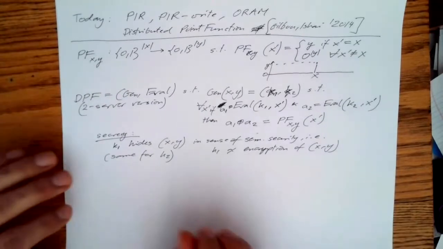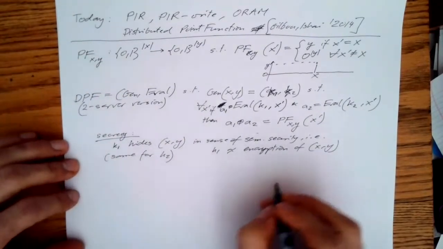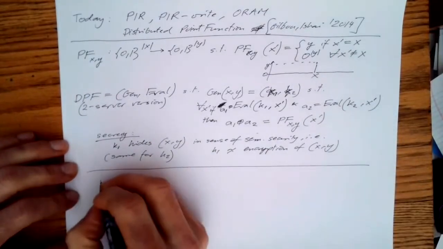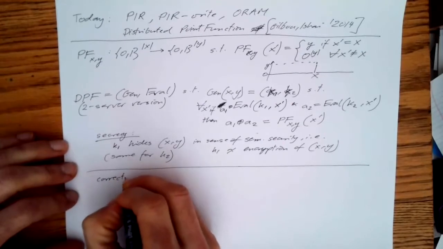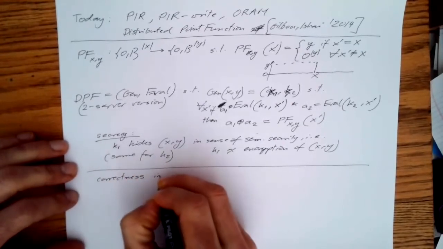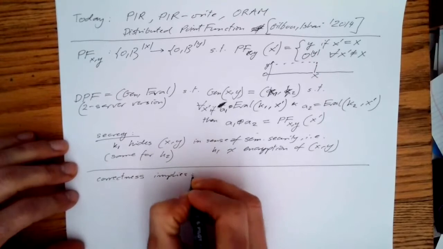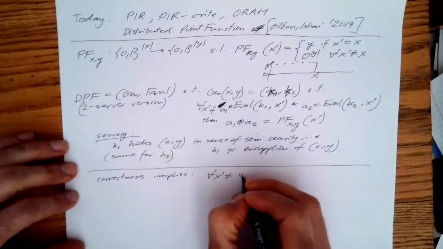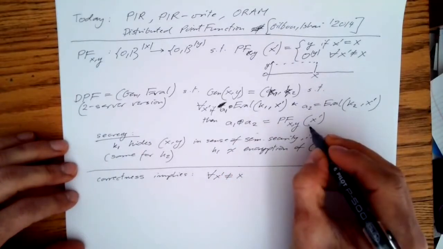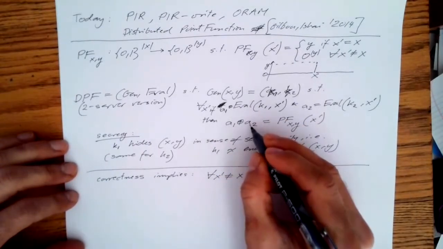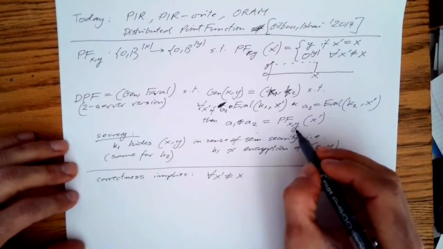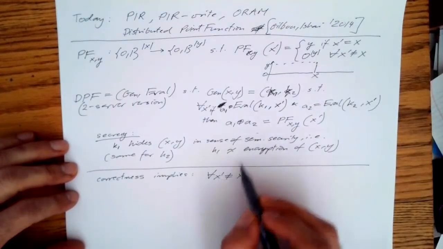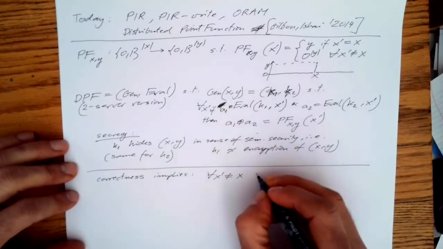What the correctness implies is that for every X prime not equal to X, the fact that A1 and A2 XOR to this value, which is 0 for all those arguments, means that A1 is equal to A2.